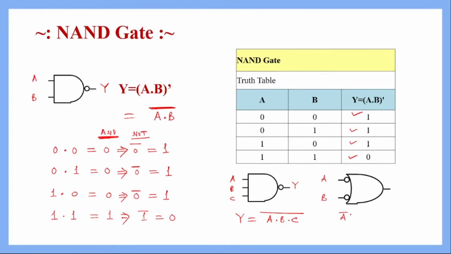So A bar and B bar, these are actually the inputs, and we are performing OR operation. So what will happen? A bar plus B bar, as per again De Morgan's law, it will be A and B, then bar of that. So the output basically will be A and B and then the complement of that. So that means it is NAND operation only.